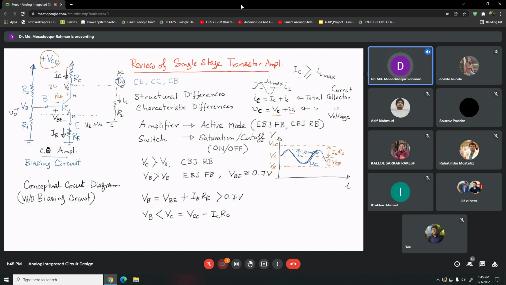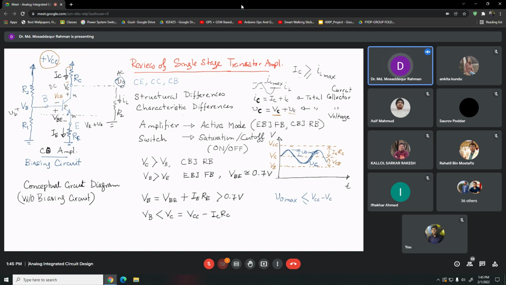One thing is obvious from this diagram: your VO max, the maximum value of your load voltage, should be within this limit. It should be less than or equal to VCC minus VC, which is this difference, ICRC.